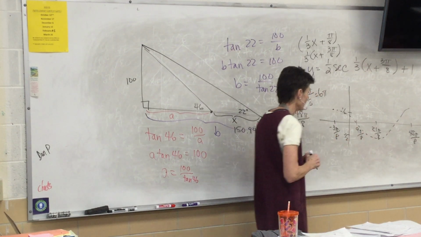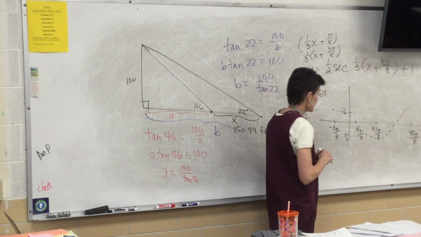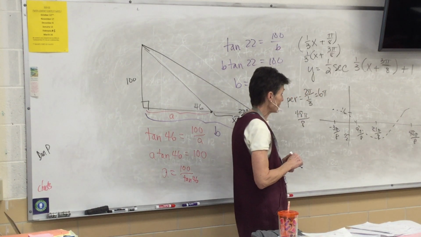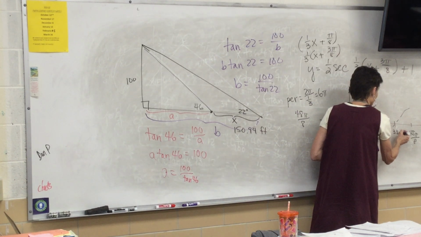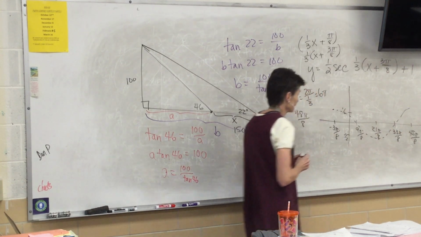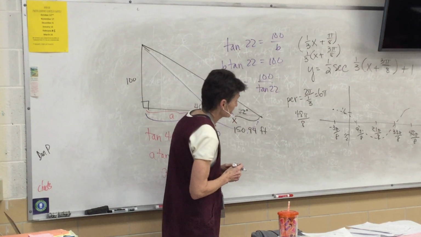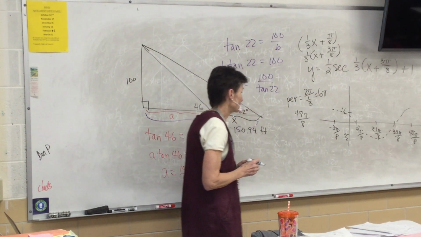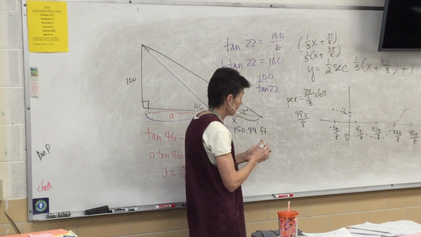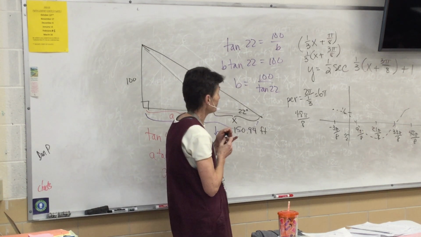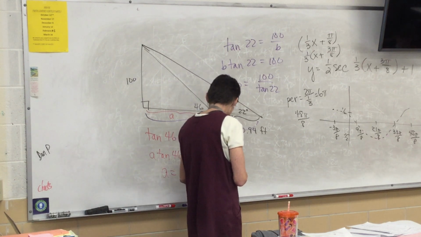Obviously my scale is a little off. 21 and 45 is 66, 33 pi over 8. That is a beautiful picture of the cosine.